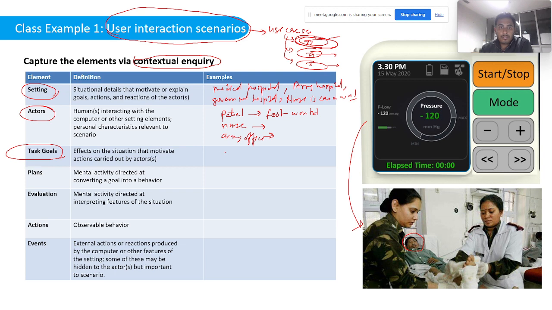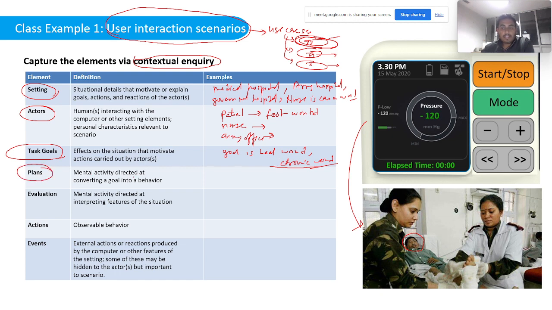So the goal is to heal a wound, which is probably a chronic wound. The person was probably brought back from a war scenario, or he's just a usual non-army person who has some sort of wound and is now getting treatment in an army hospital. So that can be a scenario. The task is to heal his chronic wound.